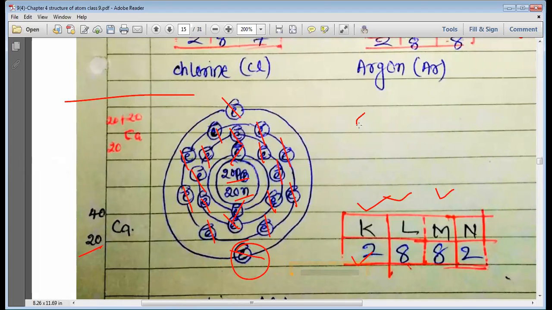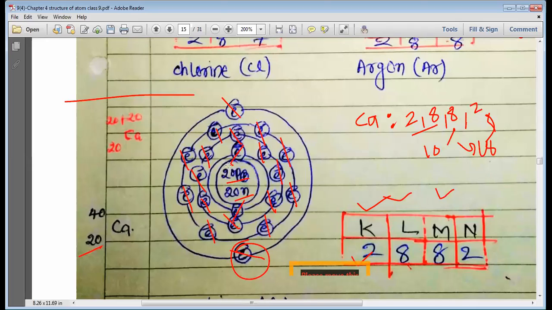And this is how you can represent the electronic configuration. For calcium, you write it as 2, comma 8, comma 8, comma 2. If you add them up, 2 plus 8, that is 10. 10 plus 8, that is 18, and 18 plus 2, that is 20. So that is equal to your atomic number 20, my dear students.